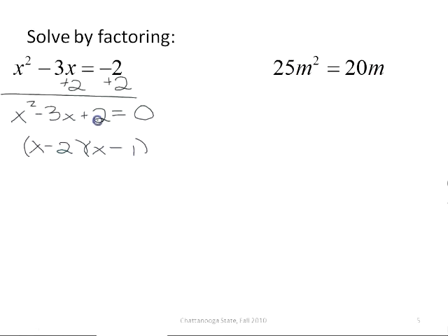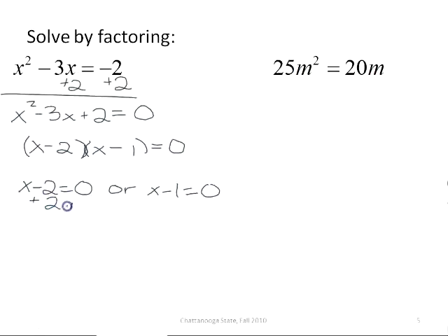Because negative 2 times negative 1 gives me positive 2, and negative 2 plus negative 1 gives me negative 3 in the middle. So I have x minus 2 times x minus 1 equals 0. Now I use my zero factor property to set each factor equal to 0.